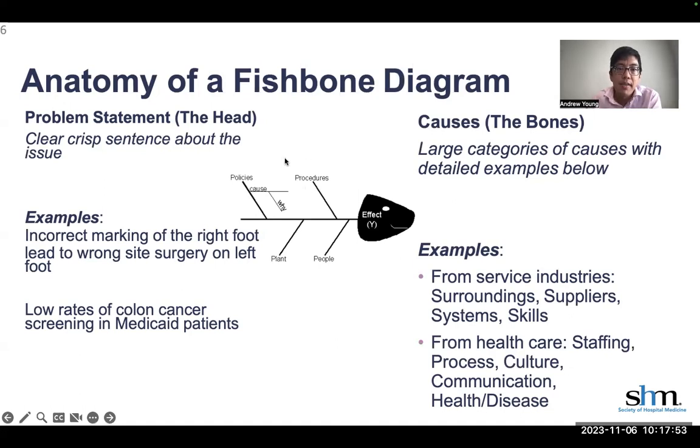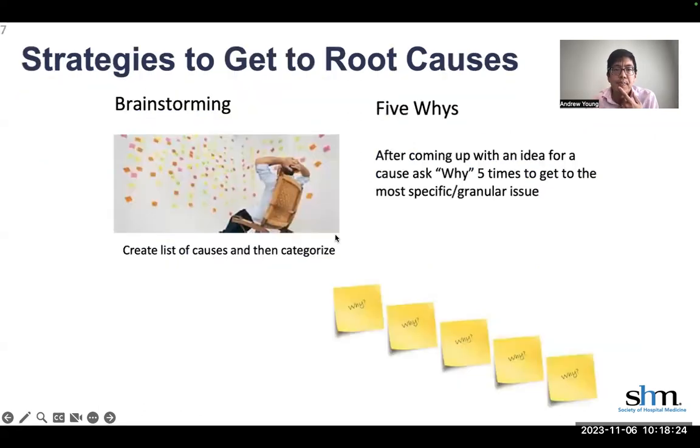Then you have these different categories of things, and under each category, there are different causes. On each cause, there might be some more detail. You literally just fill this in with what are the policies in place that cause the effect? What are the procedures? What are the plans? It says plant there, but people. I'll go over some examples in a second.